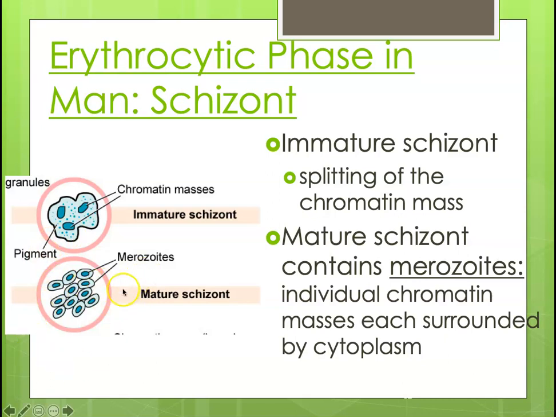The mature schizont consists of individual merozoites, in which each chromatin mass is surrounded by its own individual cytoplasm. This is your most mature stage in the erythrocytic phase. It's the mature schizont, which contains individual merozoites.